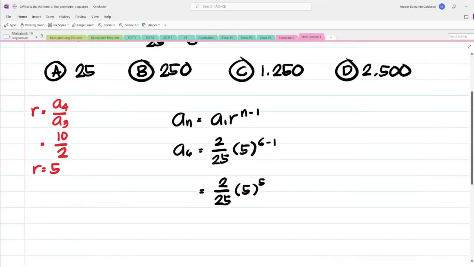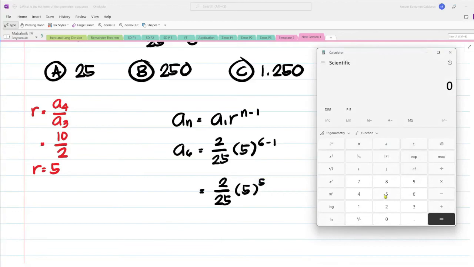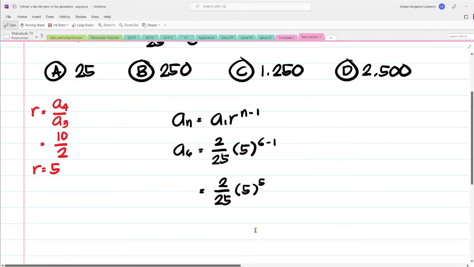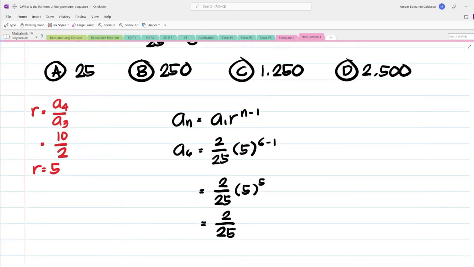But what is 5 raised to 5? Wala na naman yung calcu. 5 raised to 5. 3,125. So we have here 2 over 25 times 3,125.